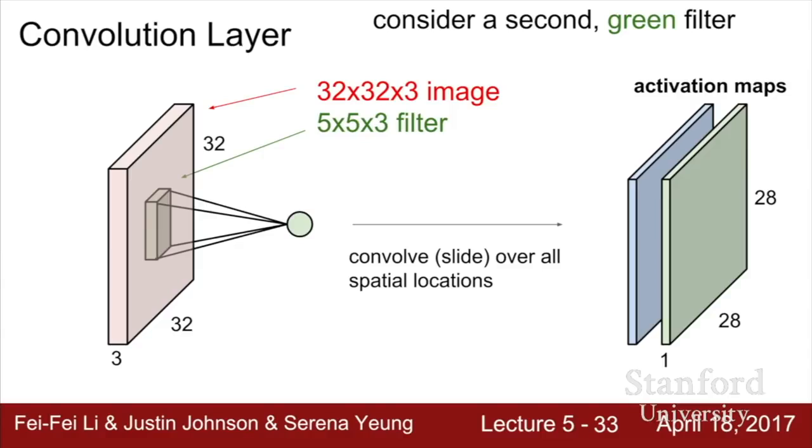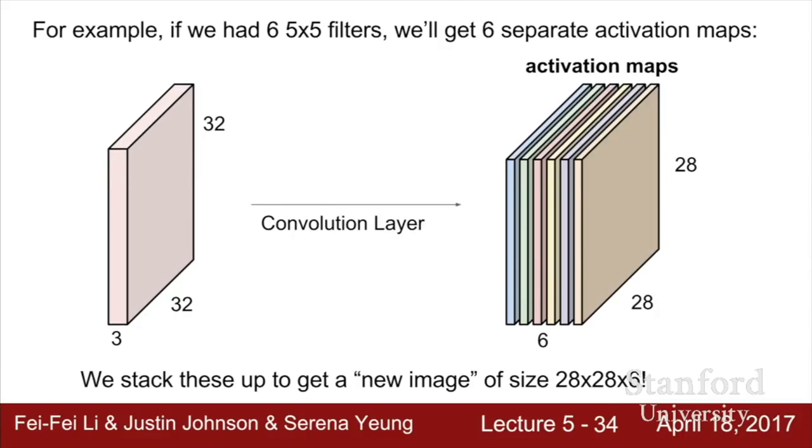I'm going to slide this over all of the spatial locations in my input volume, and I'm going to get out this second green activation map, also of the same size. We can do this for as many filters as we want to have in this layer. For example, if we have 6 of these 5 by 5 filters, then we're going to get in total 6 activation maps out, so the output volume is going to be 6 by 28 by 28.